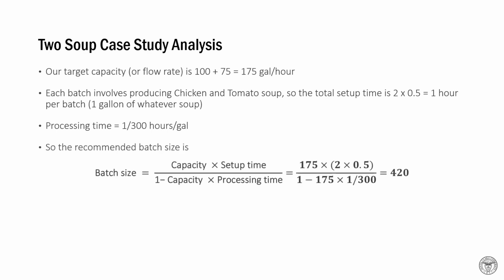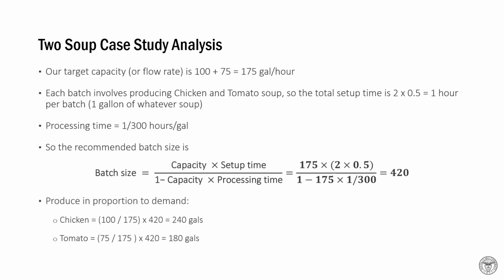Using our capacity equation, which is batch size equals capacity times setup time divided by 1 minus capacity times processing time, we can calculate the recommended batch size. Plugging in our values, we get batch size equals 175 times 1 divided by 1 minus 175 times 1 over 300, which equals approximately 420 gallons.